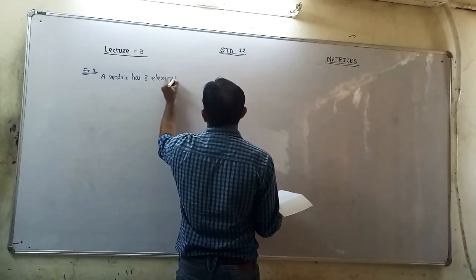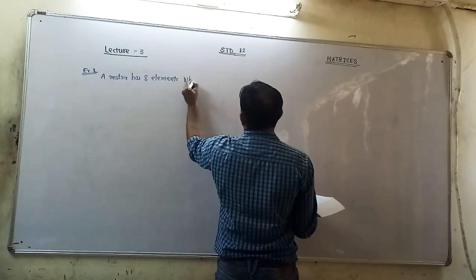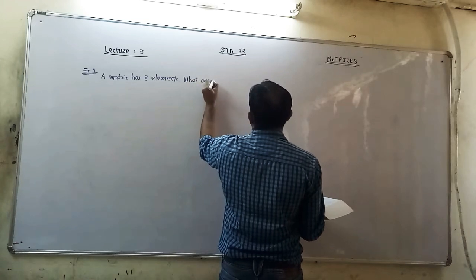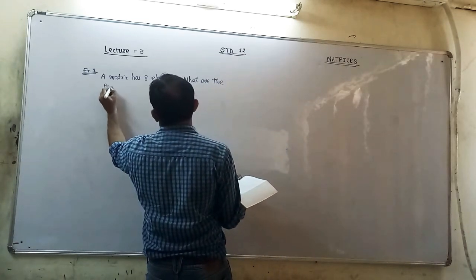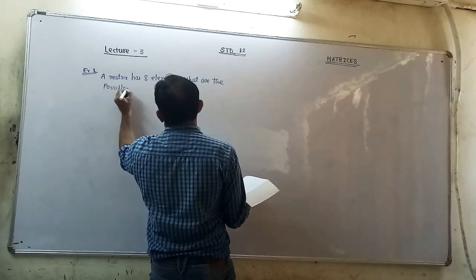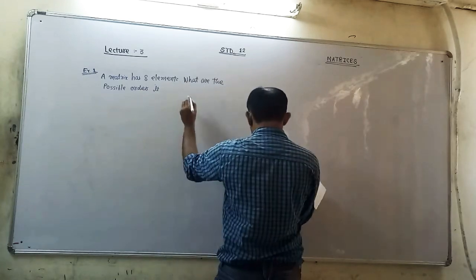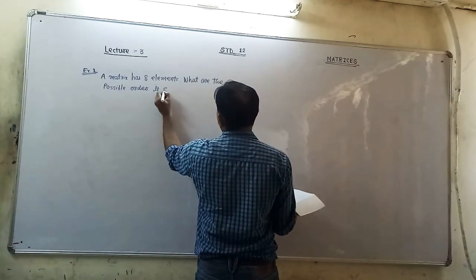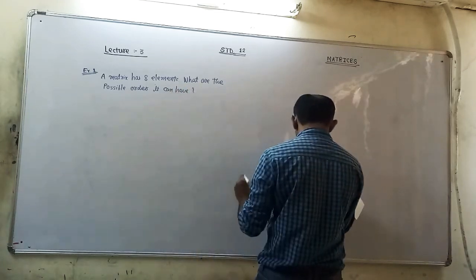Total 8 elements are there. What are the possible orders it can have?